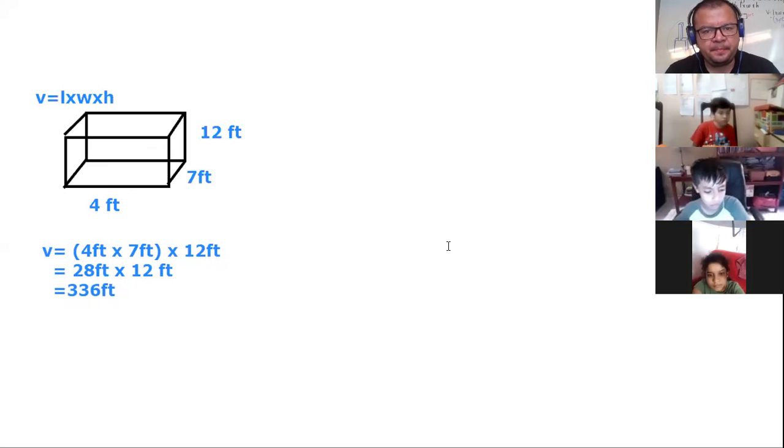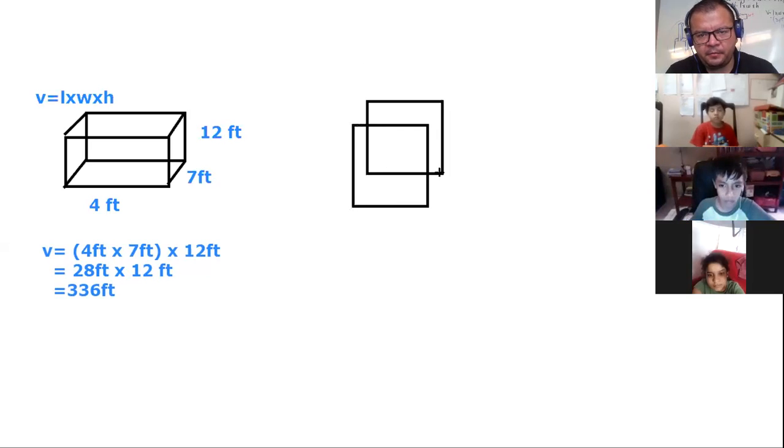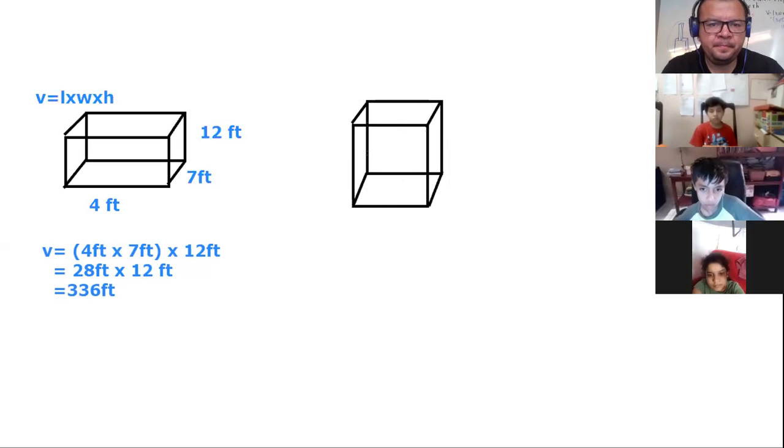So let's try to do another one. I have this one, and I have another one here. Now you start to join here and here. I have my figure.